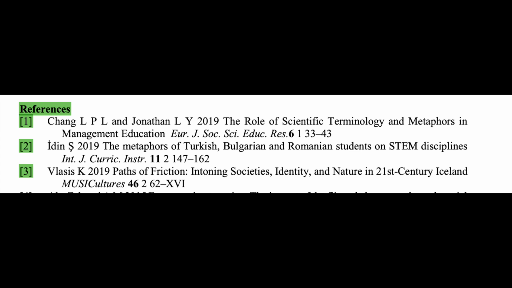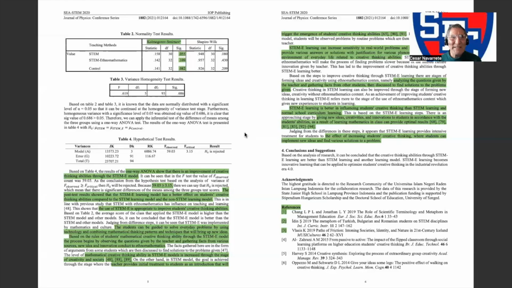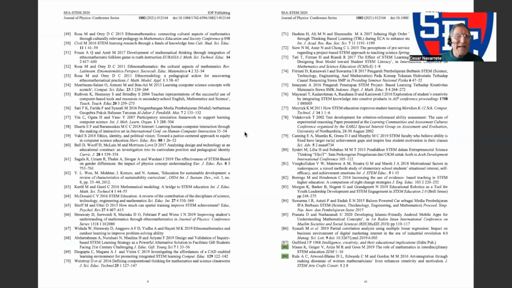Also, you see the metaphors of Turkish, Bulgarian, Romanian student in STEM discipline areas, and study 3 is the path of friction and toning societies, identities, and in nature in 21st century Iceland.